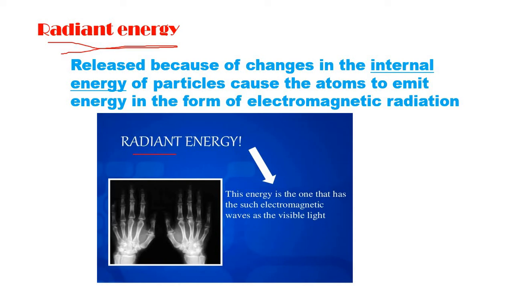It's released due to the change in the internal energy of the particles. It will cause the atoms to emit energy in the form of electromagnetic radiation. So it can penetrate your skin and allow the doctors and physicians to see beneath your skin. This is done by radiant energy.